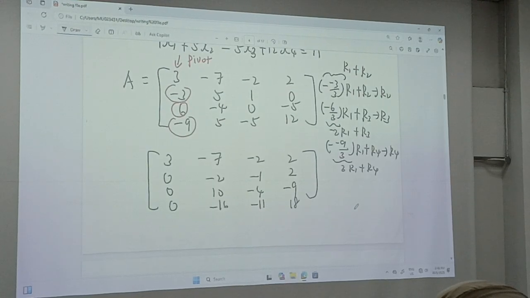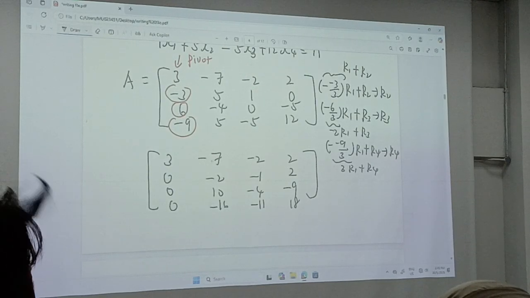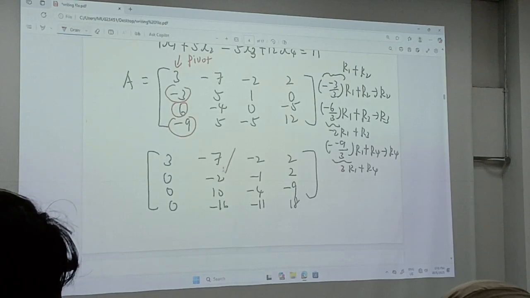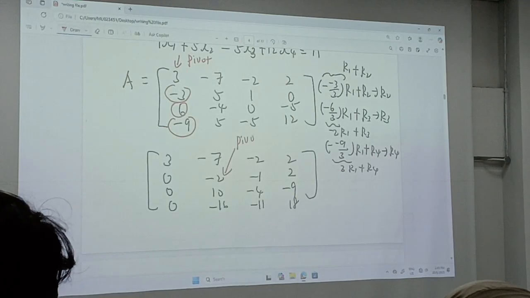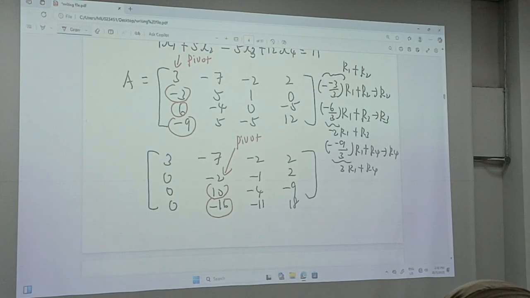So now, what is the pivot? What is the value of the pivot? Second column, negative 2, yes. Negative 2. So turn 10 and negative 16 to 0.